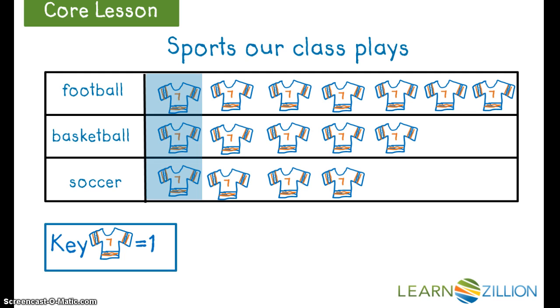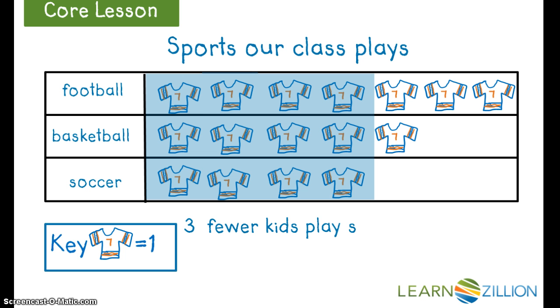Well, in both categories, we have 1, 2, 3, 4 playing football and soccer. But here's where it changes. There are more students playing football than soccer. How many more? 1, 2, 3. So there are 3 fewer kids playing soccer than football.